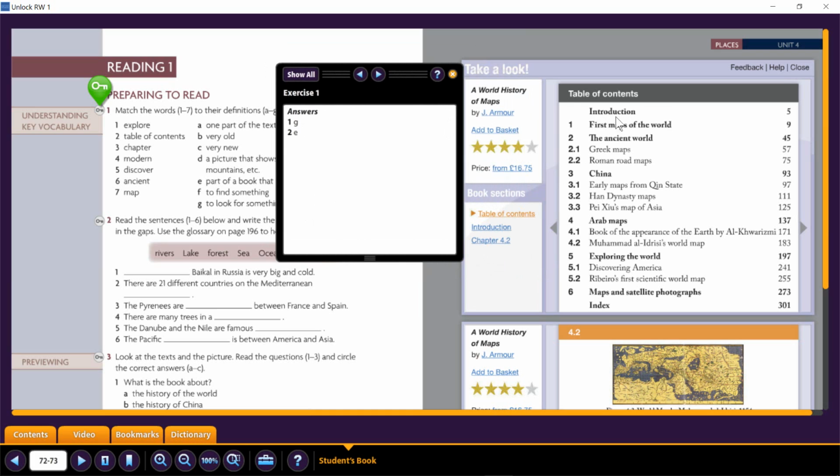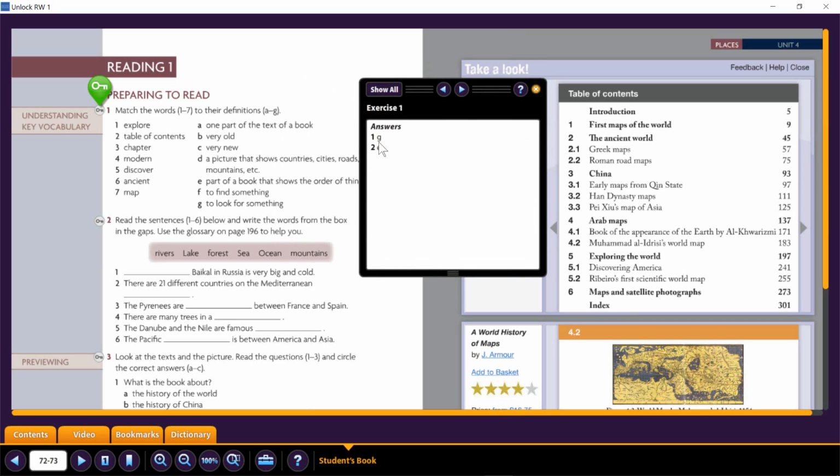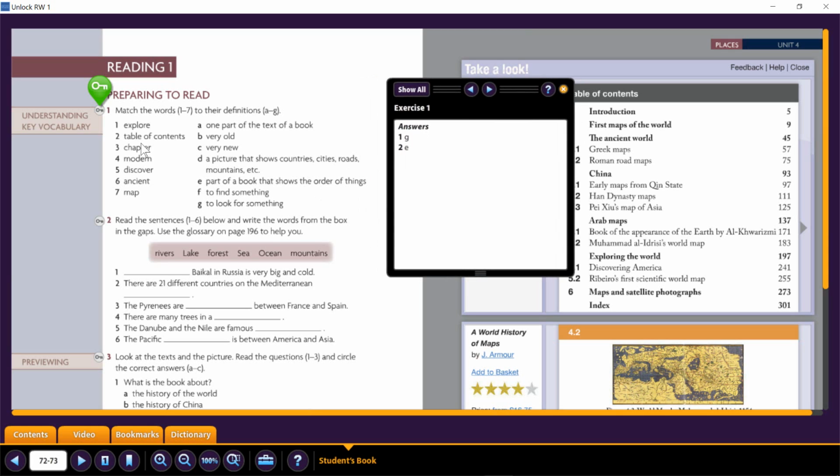Each and every book, ladies, you will find a table of contents where you can see that first you will read an introduction, then you will see first maps of the world, and so on and so forth. So, part of a book that shows you the order of things. So, number 2 with E.